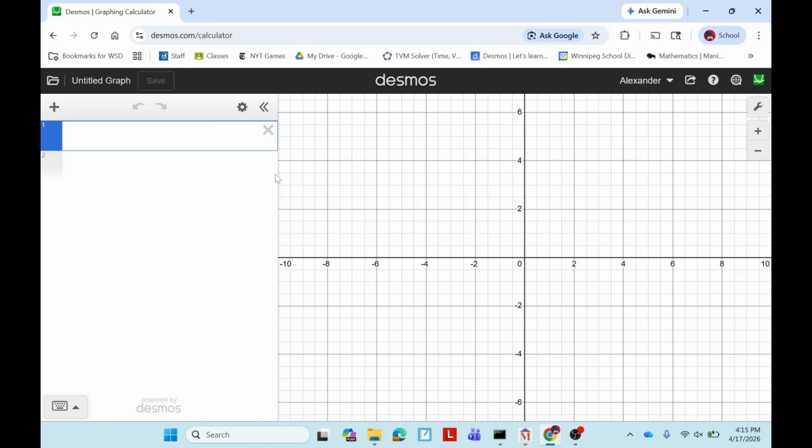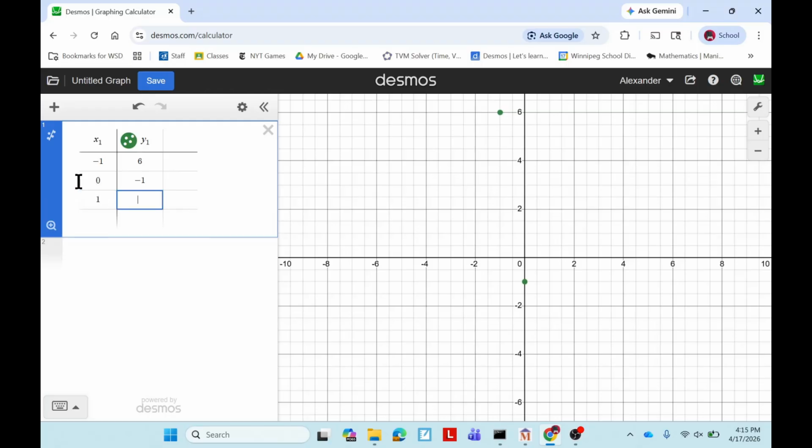So again, you've got your Desmos opened up here. Click the plus, click the table. You've got your x1, y1. So I've got -1, 6, 0, -1, 1, -3, 2, -1.5, 3, 5, 4, 10.